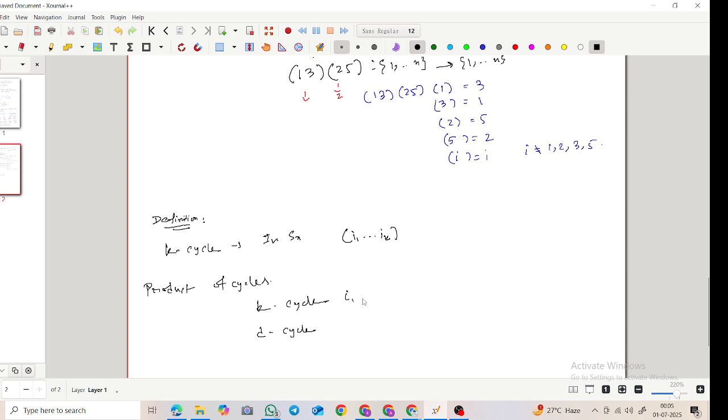The product, of course, looks like this, right? When we say two cycles are disjoint, if there is no common element, then we say that they are disjoint.